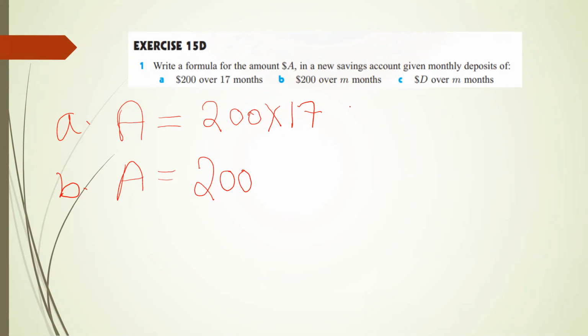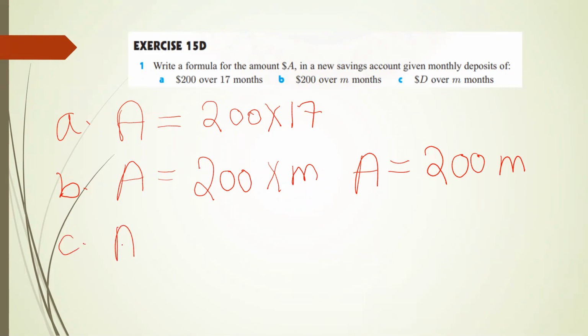Over M months means it's for M months, so it's multiplied by M. We don't know if it's 17, less than that, or more than that. So the M represents the number of months here. And of course, we can write it as total amount equals 200 times M, or 200M.